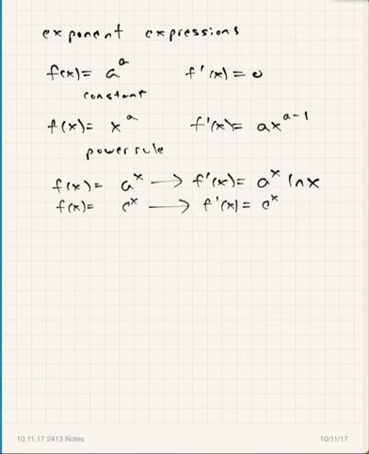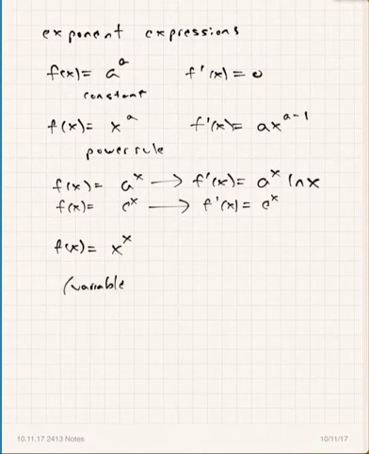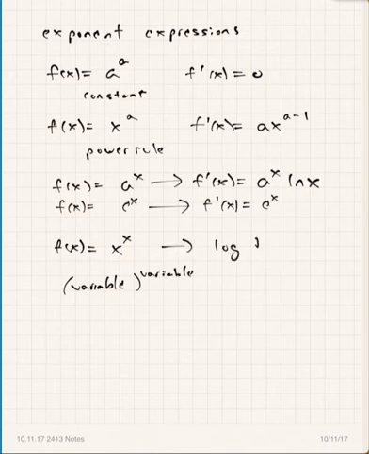And then finally, if we have f of x equals x to the x, or in general, a variable to a variable power, then use logarithmic differentiation in that problem.